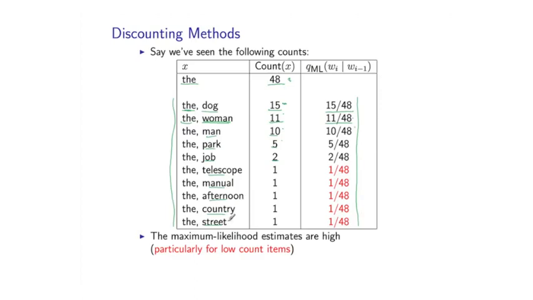Remember, we might have a few thousand or tens of thousands of possible words following the word "there", but we've only seen the word "there" 48 times, and so it's just a lucky few words which are actually seen after the word "there". That's a rather informal description, but you can actually show rather more formally that these estimates are going to be systematically high. That's particularly true for these low count estimates. For example, the probability of "street" following "there" being 1 over 48 is going to be a rather high estimate in this case.